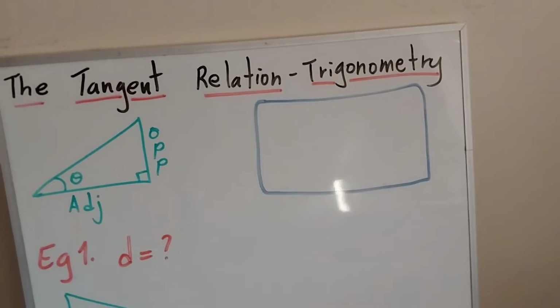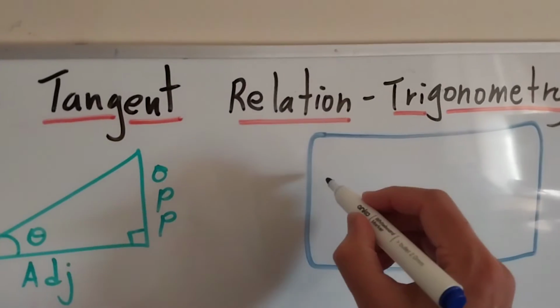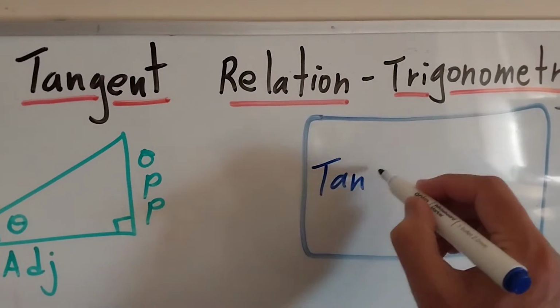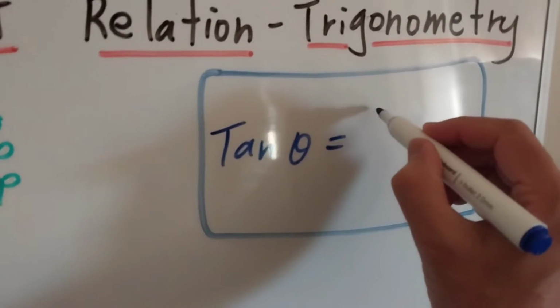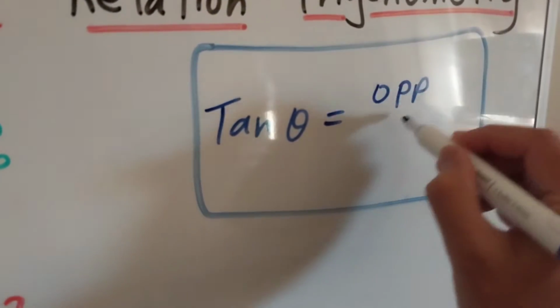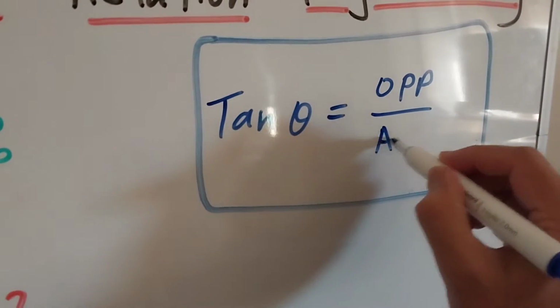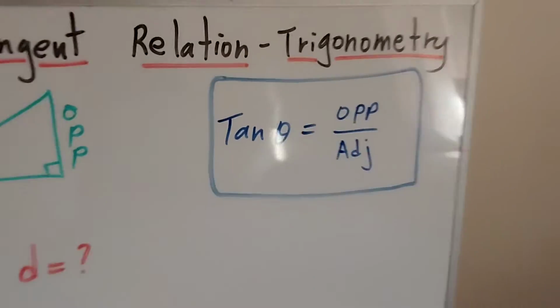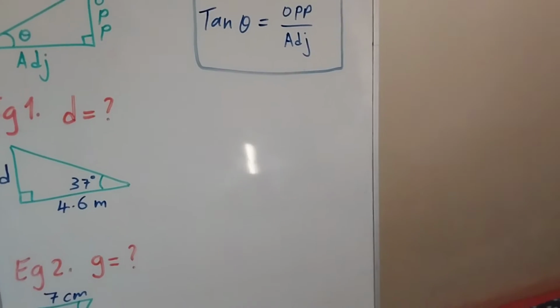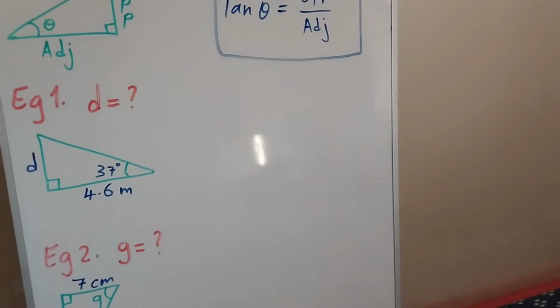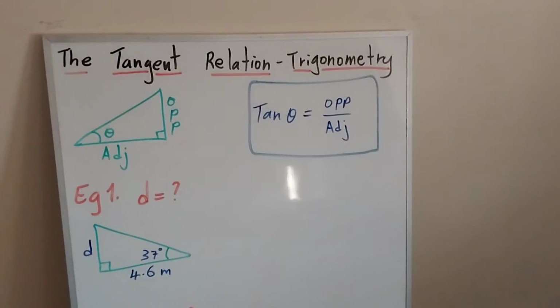The relationship is that the tangent of the angle theta is equal to the length of the opposite side divided by the length of the adjacent side. That is the tangent ratio.